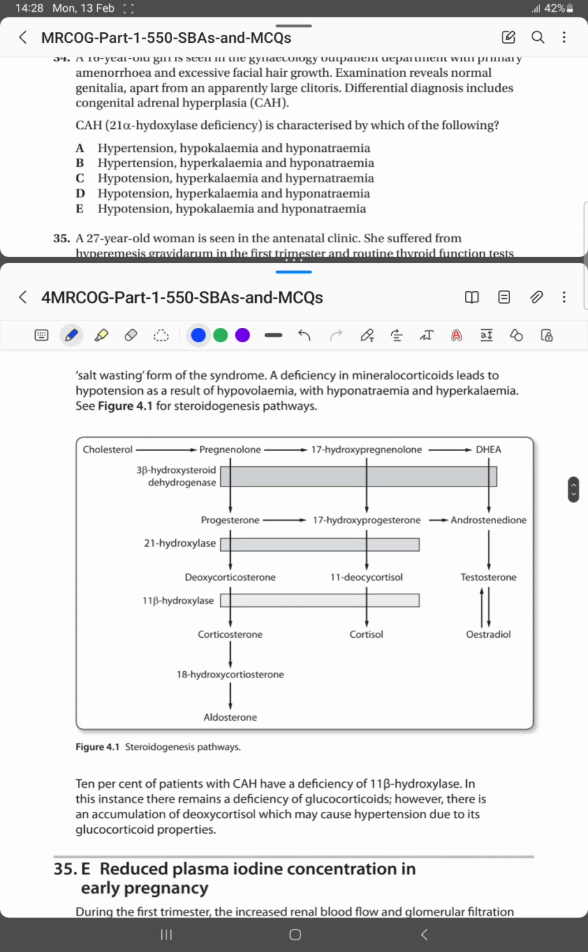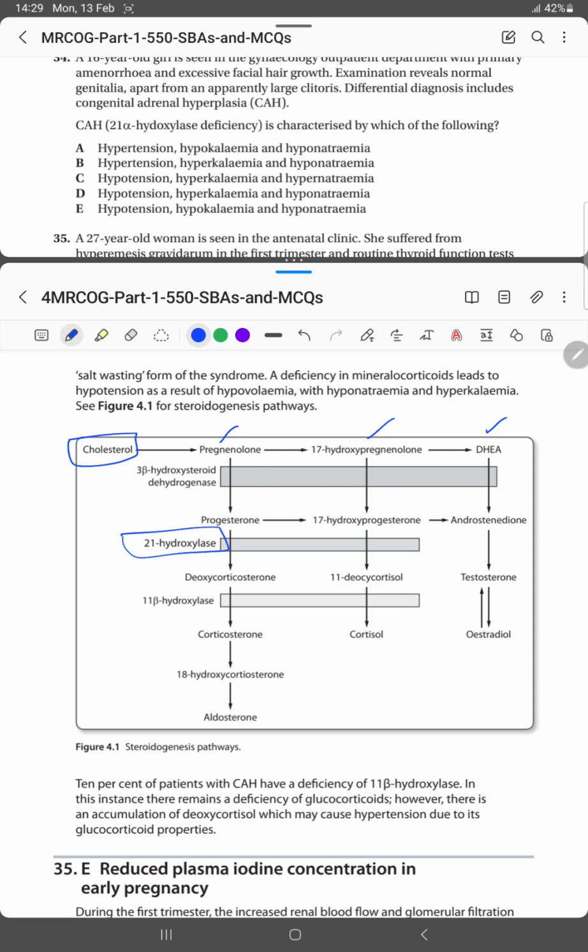And this is the steroidogenesis pathway. Here you see that this is 21 hydroxylase. If we see the steroidogenesis pathway, all the steroid hormones are produced from cholesterol, and cholesterol converts into pregnenolone, then 17 hydroxypregnenolone, and then DHEA.